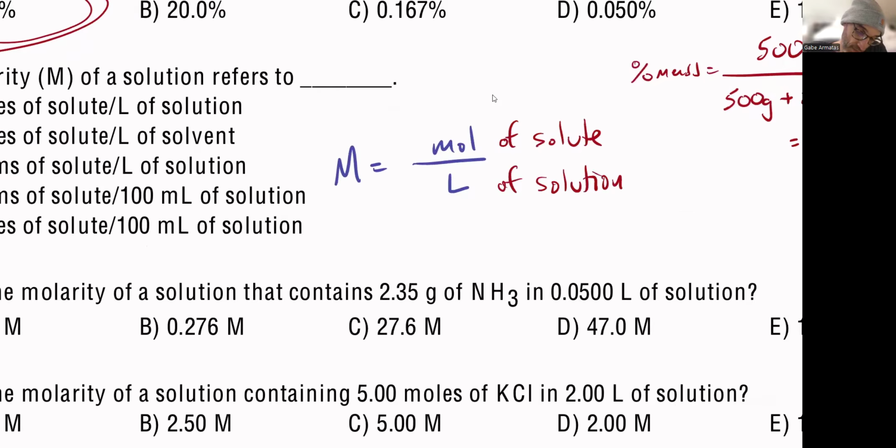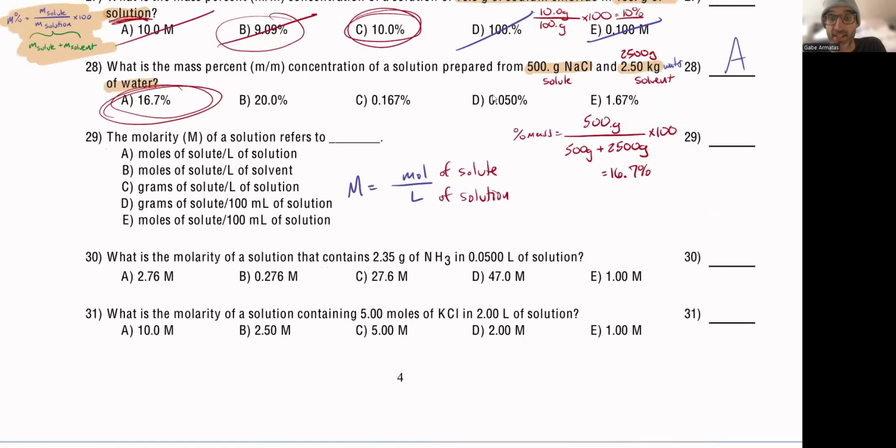So this actually mimics mass percentage the same exact way. It's solute over the solution. It's over the whole thing. So always the mass of your part, moles or grams, divided by the liters or the grams of your solution. So solute over solution, which is all of it.